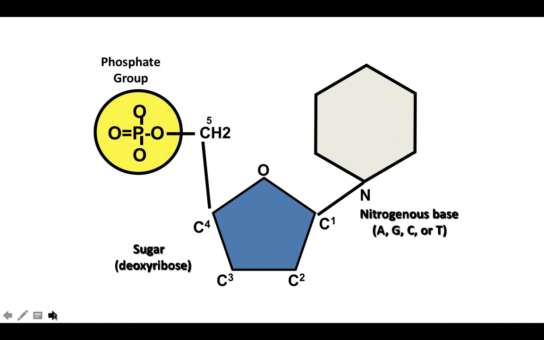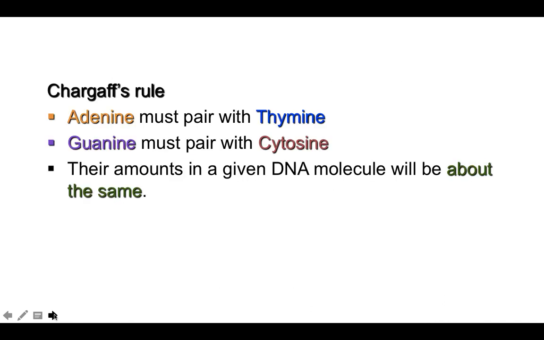Okay, next. Further examining the nucleotides as the building blocks of DNA, we encounter the phenomenon of specific base pairing among the four nitrogenous bases. We have adenine pairing with thymine, guanine pairing with cytosine.